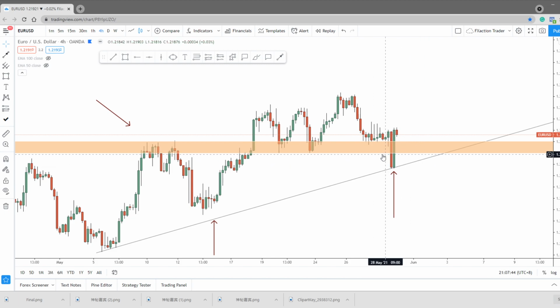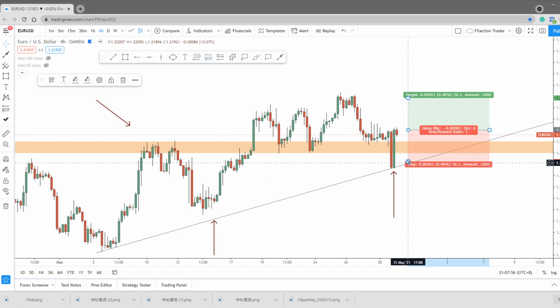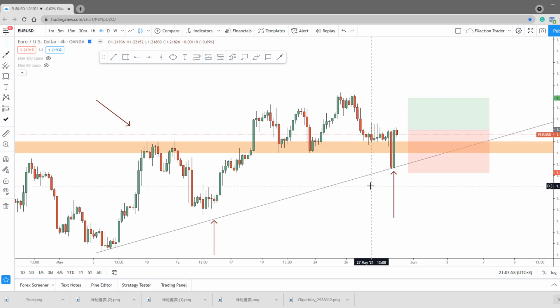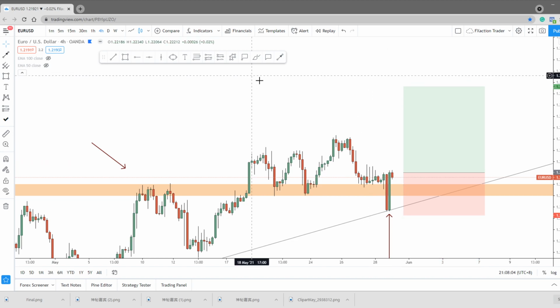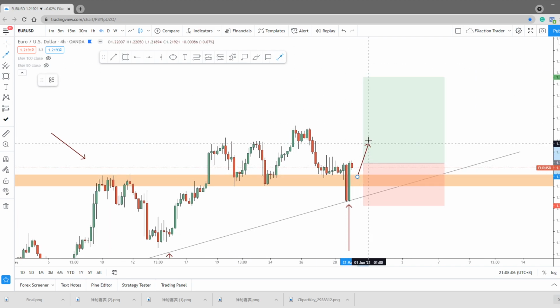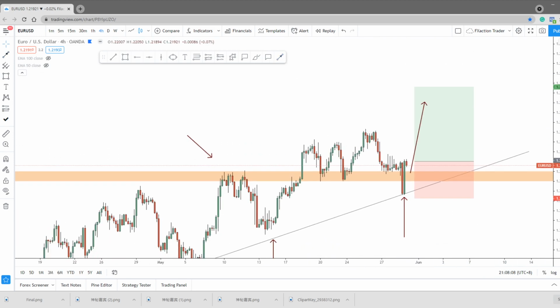So as long as the market does not fall below this level, which is 1.21302, I'm going to go for a long trade. So in my opinion, for this pair, I'm going for a long trade.